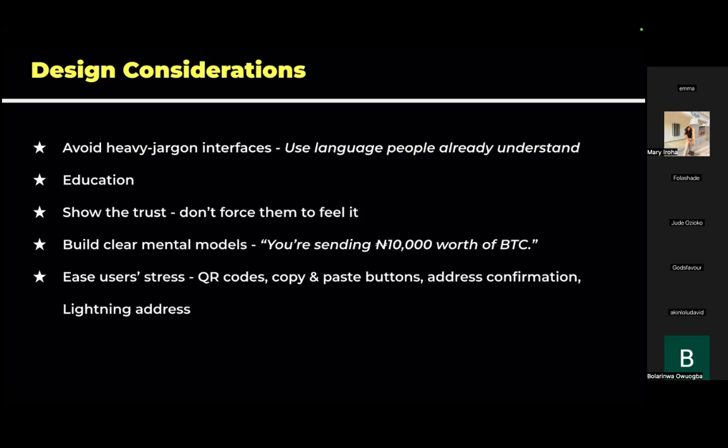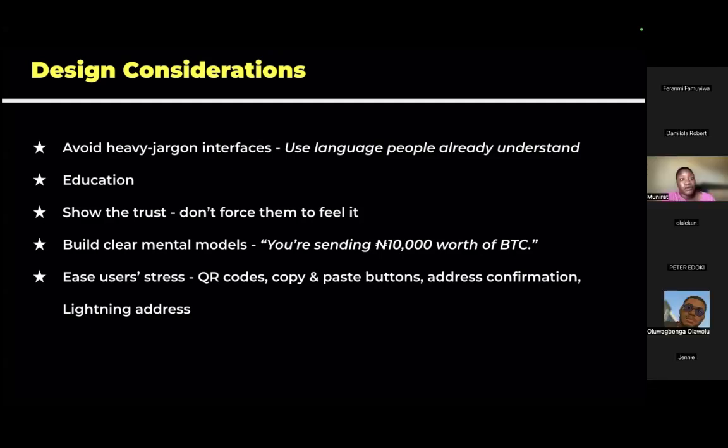Then we have to show trust. For our normal fiat system, we already have this calculation in our head. I know I have 10,000, and somehow I can actually remember the last 3 transactions I did. Okay, I sent 2,000 to this person. So somehow I already know my balance. But for BTC, it doesn't work that way.